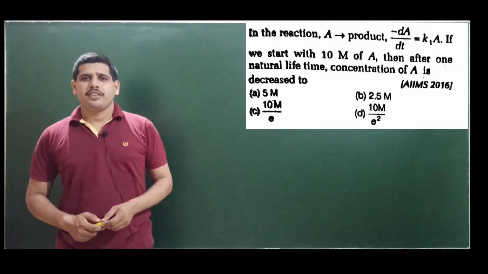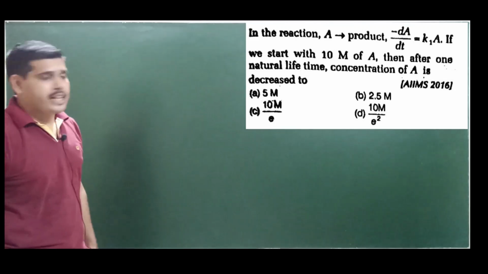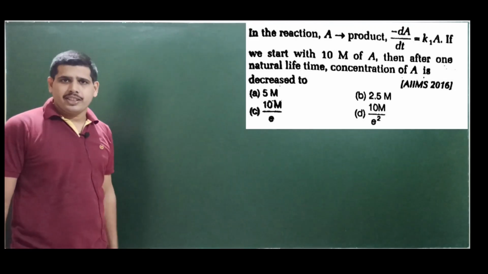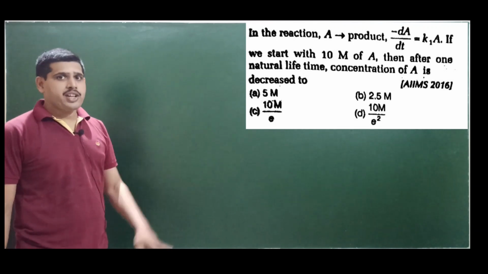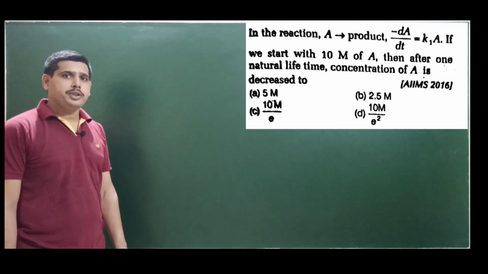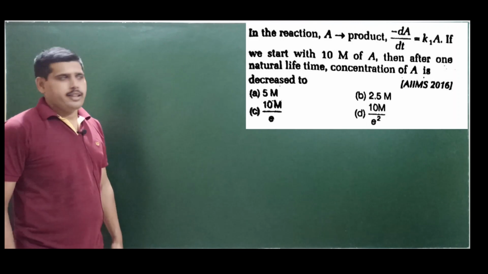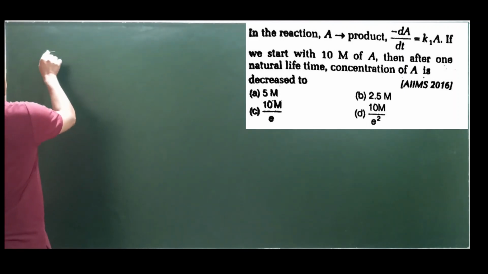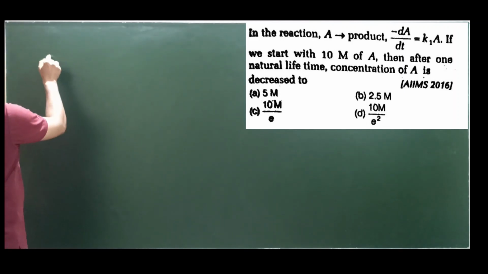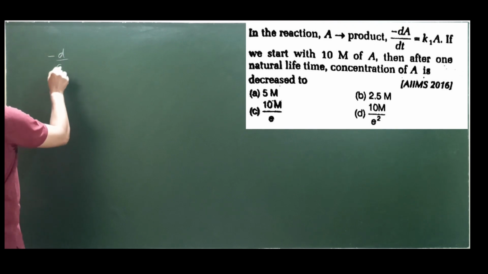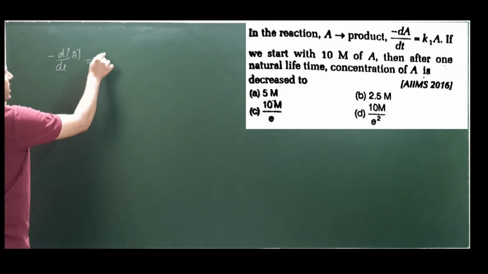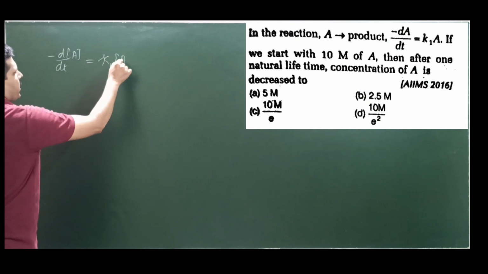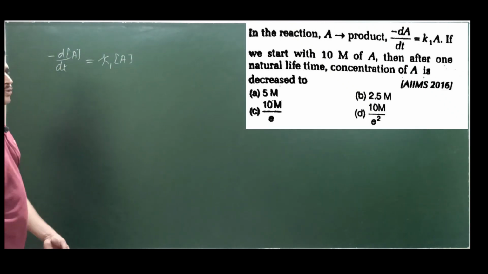Hello students, in this question we have a general chemical reaction, A giving products. It is told that the rate of this reaction is K1 into concentration of A. So we have minus d by dt of concentration of A, which is the rate of that reaction, as K1 into concentration of A. So this is given.